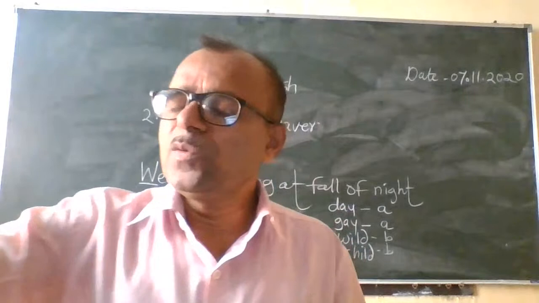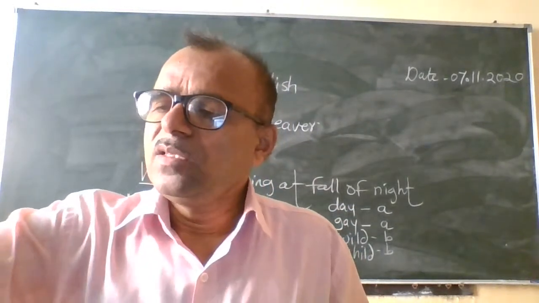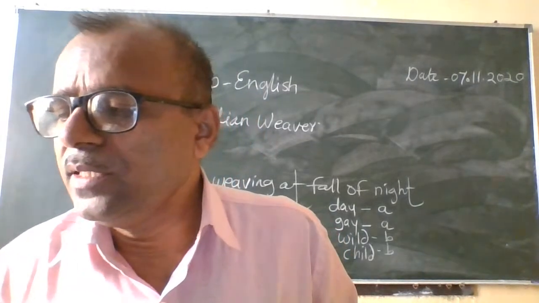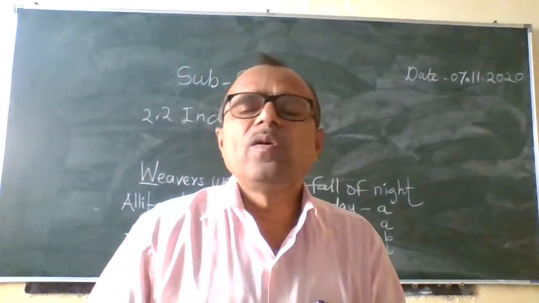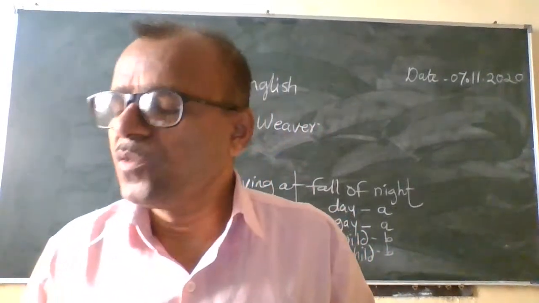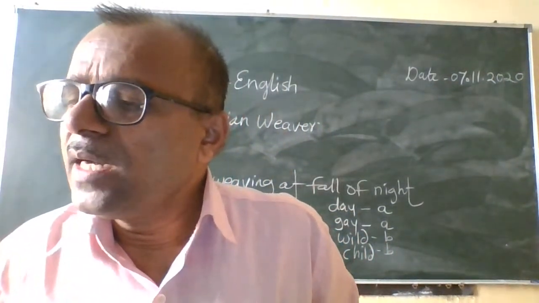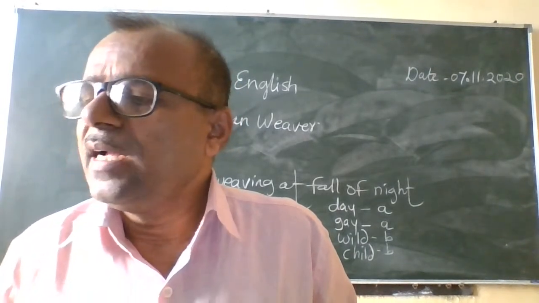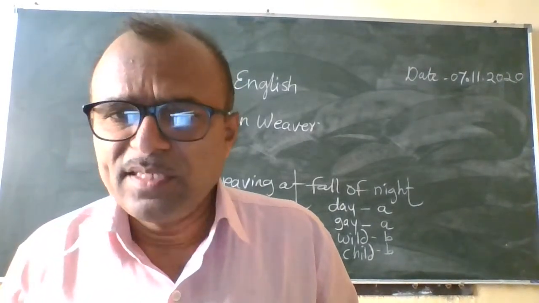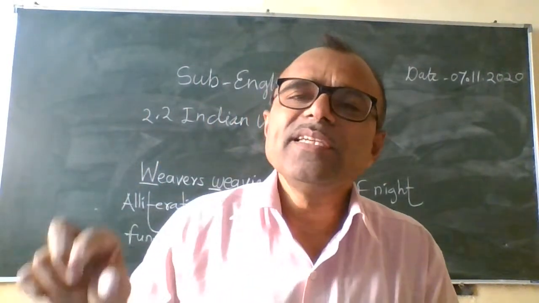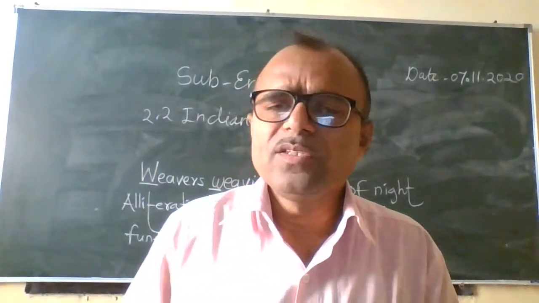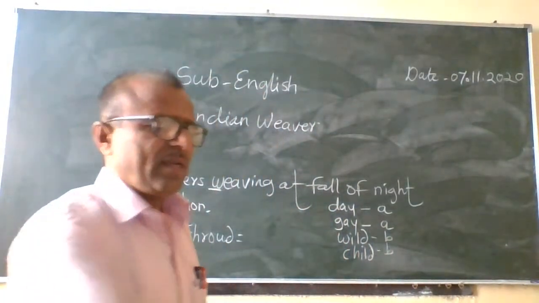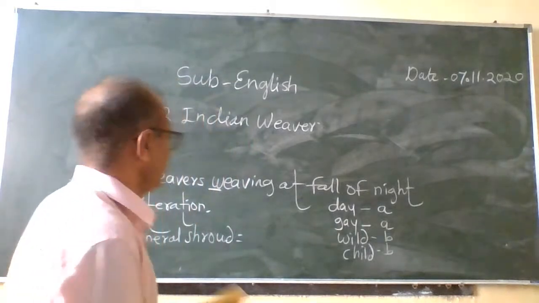So a column is given, and under the column the words are given: new, bright, dead, still, wide, fall, child. We are asked to tell the antonyms of the words, and we are also asked to make sentences using the antonyms. So what is meant by antonyms? Do you know antonyms? Antonyms means opposite words.